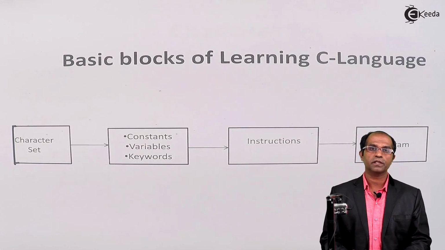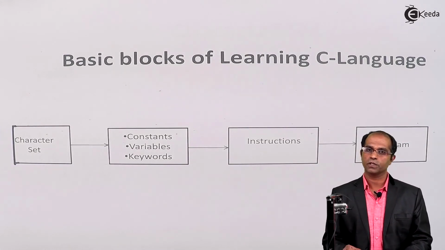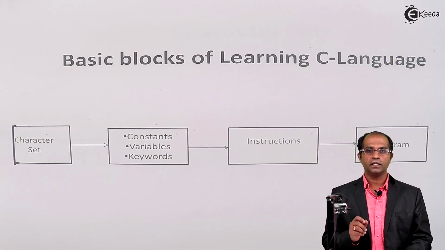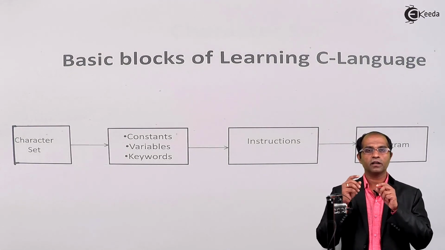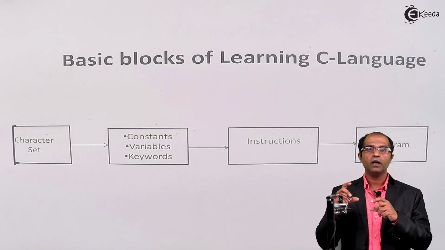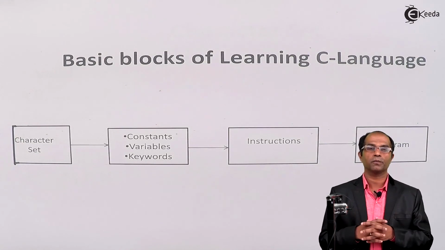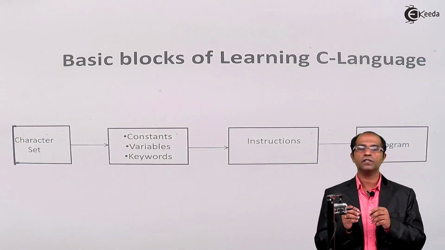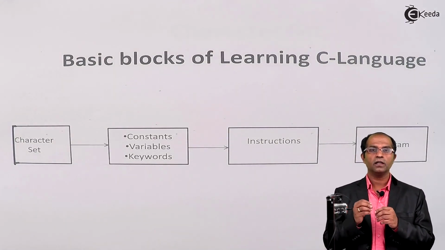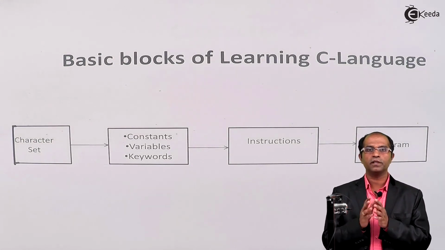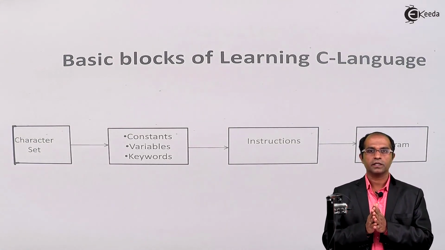These constants, variables, and keywords are later merged into instructions, and these instructions will be written in a specific order to frame our mathematical task, that is a program. And in the middle of this learning process, we'll be learning the grammar of each and every syntax. That's it. Thank you.